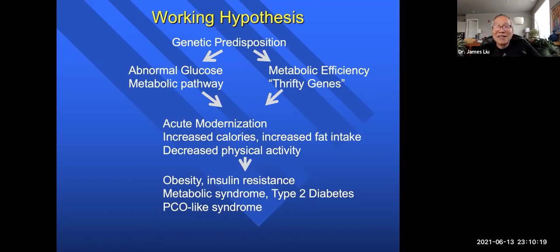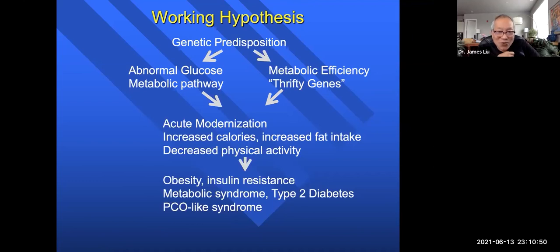Back in the times when one could not get food on a regular basis, individuals that had thrifty genes that were promoted tended to survive from starvation compared to perhaps individuals that had normal genes. And so this may be an adaptation that has persisted in our gene pool. And with our acute modernization, we've got cars, bicycles, we don't walk everywhere, so we have decreased physical activity.